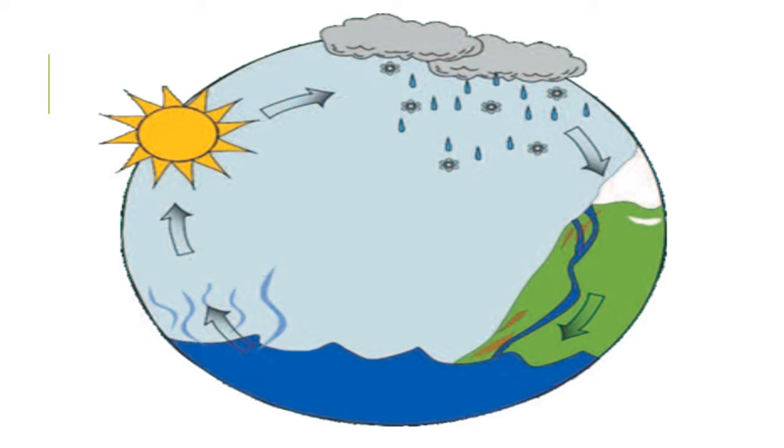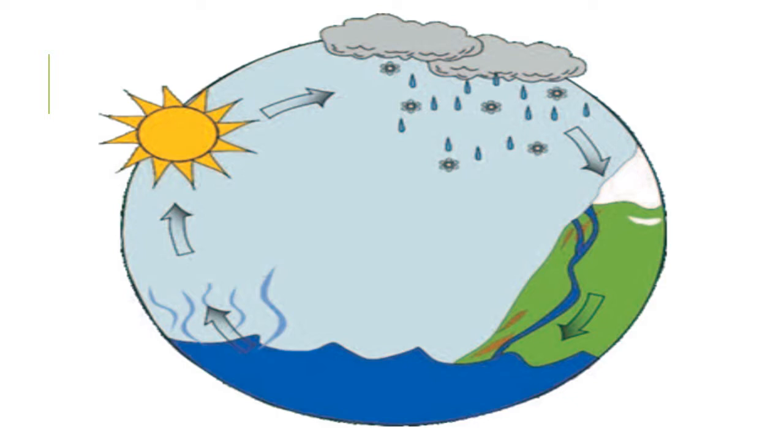I know you have studied this in science that this is the cycle of water. The objects in the picture are sun, cloud, raindrops. The green portion is to be assumed as nature, plants and trees, and the water is the water sources like lakes or oceans. So what is happening to water?